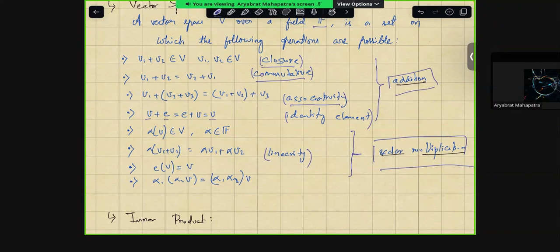So under addition, when you add this identity element with your vector v, both v and e belong to your vector space V.